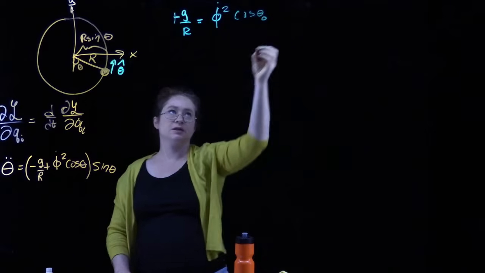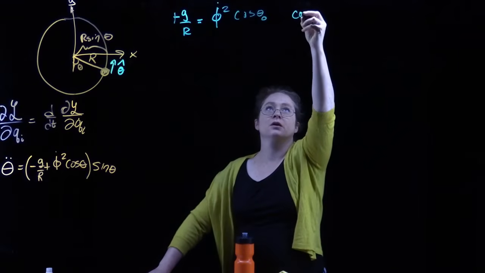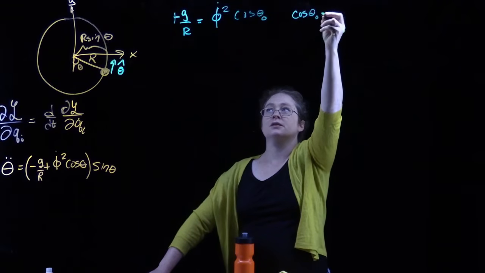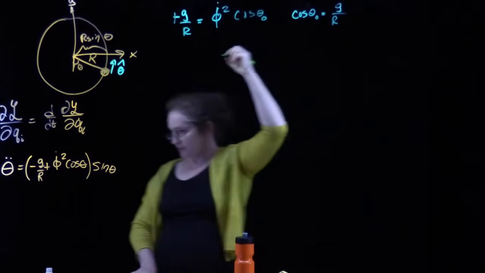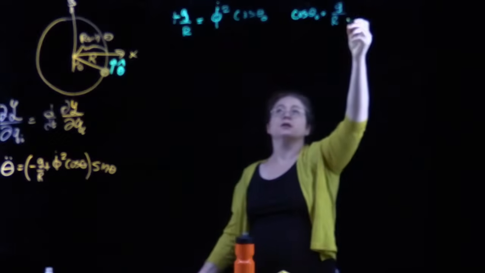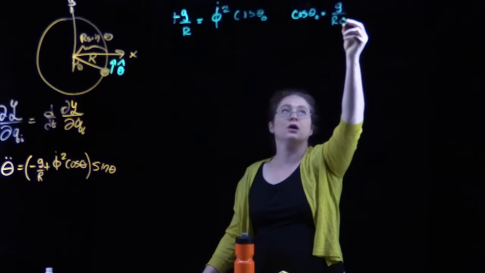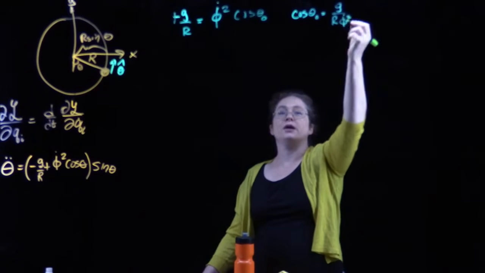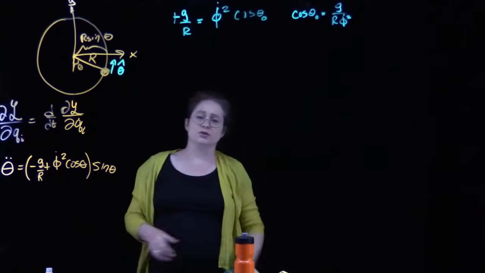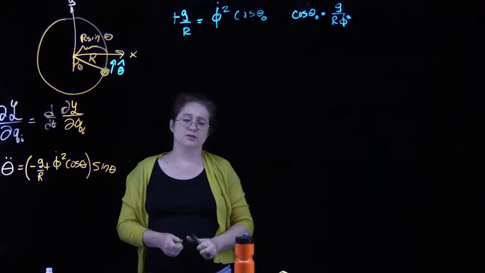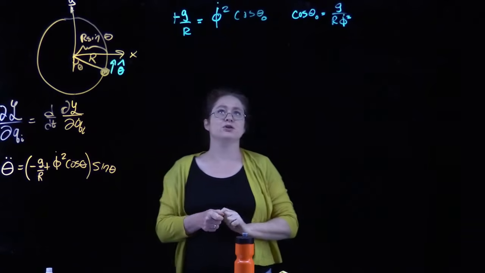And then that means cosine theta naught equals g over r phi dot squared. You can solve that in terms of theta, but I don't know that it matters.